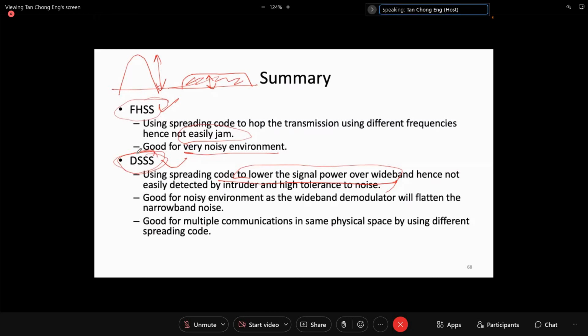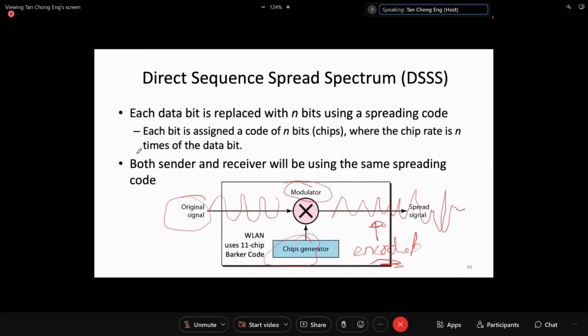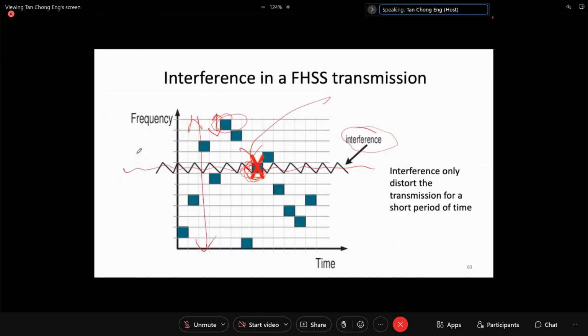The frequency hopping just hops for a very small portion of the bandwidth. That's why even though they can survive all the noise, the performance can never be as good as direct sequence. The direct sequence one can use the entire channel. This one is only a small part, then you jump around again.